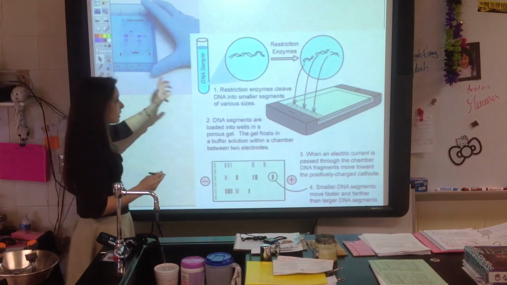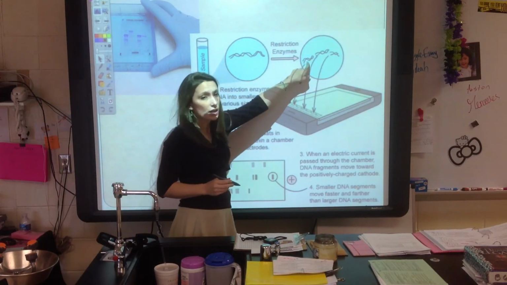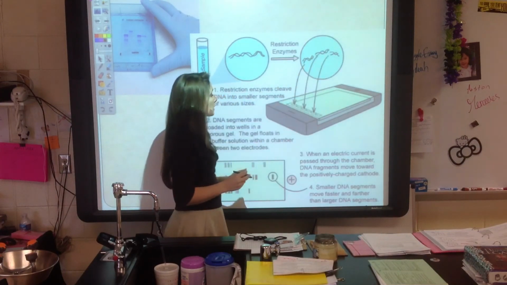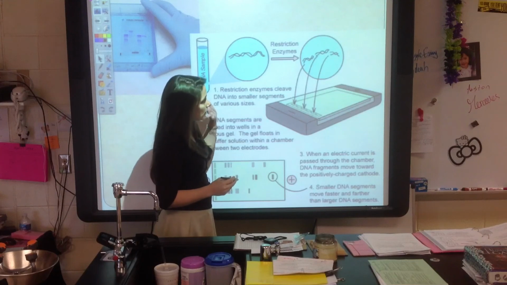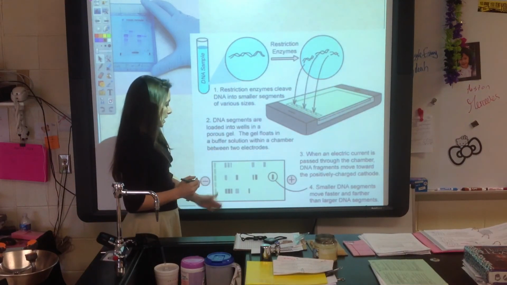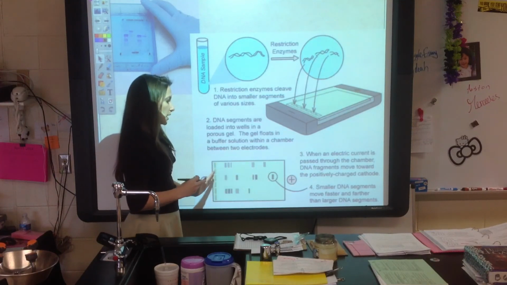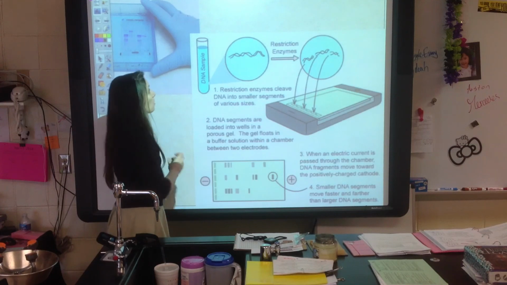And so you can see again here, we take our DNA sample and cut it with restriction enzymes into smaller pieces. We add the pieces to the gel. We add electricity and the pieces move through the gel. And then we end up with a banding pattern where we can see that the smaller pieces move faster and further than the bigger pieces.